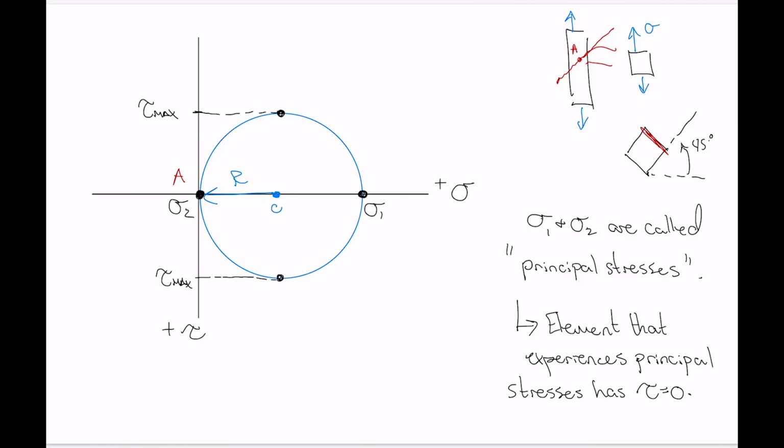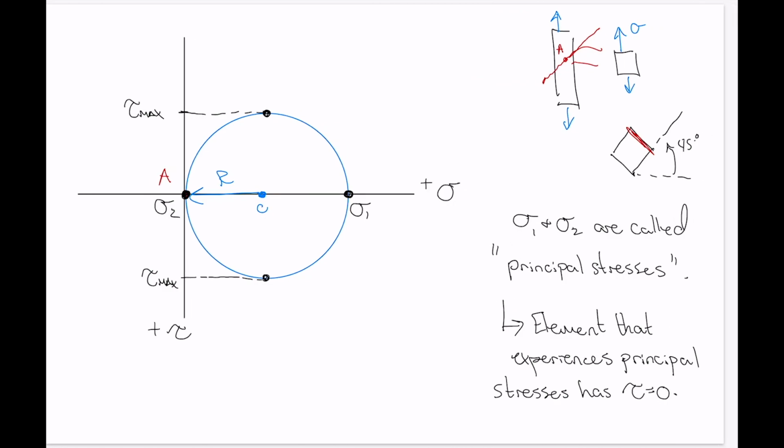Okay, so that gives you the basic idea of Mohr's circle. That's probably a little confusing to follow. It'll become clear as we do some examples and you see it put into practice.